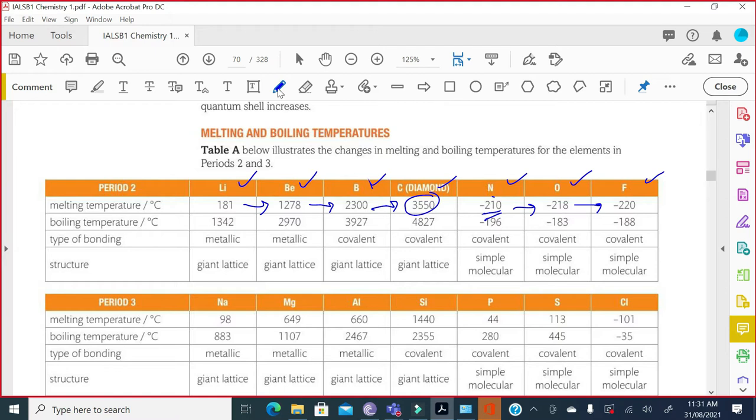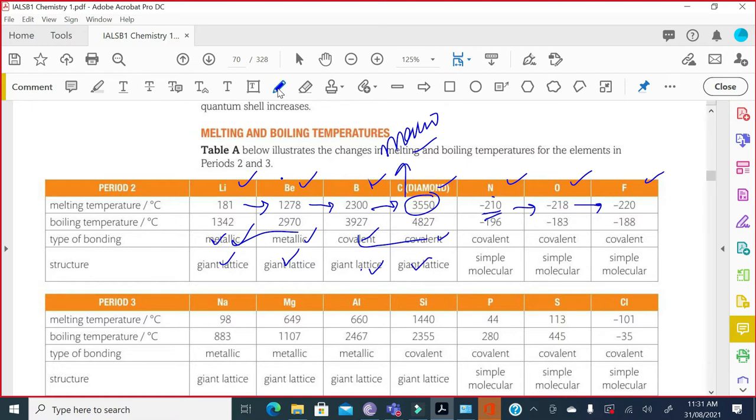From lithium, beryllium, boron, you are dealing with the metals, metallic. Then you are working with the bonding type covalent, but these are macro covalent or giant lattices. You can see giant metallic lattice, metallic is strong, and giant covalent, a strong one.